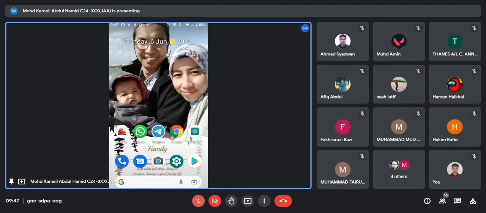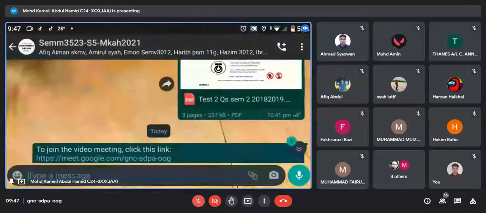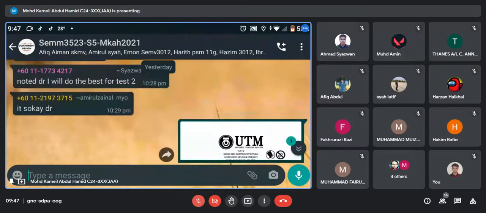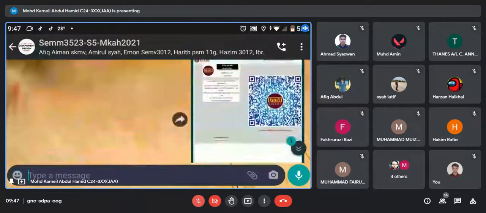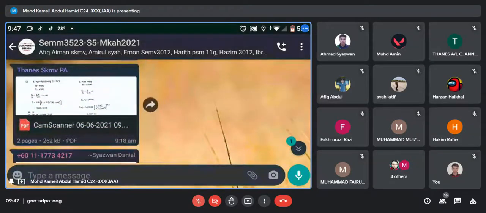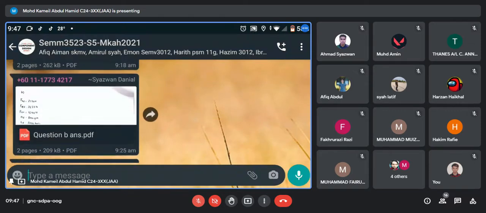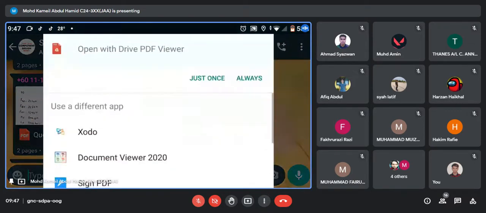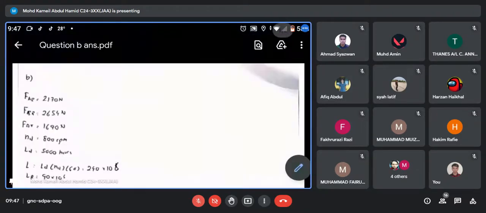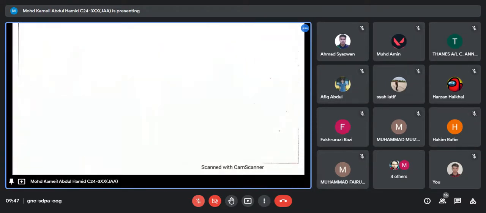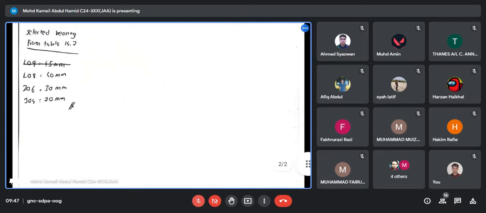For roller bearing, you have the 3 options. For example, Tanesh and Shazwan. Afiq dah siap lah, question 1B. Shazwan ni tadi yang bawah tu silap sikit.